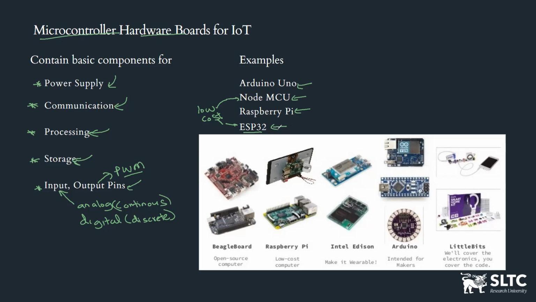They might not have large storage or high processing capabilities, but although such drawbacks are there, we are still able to get considerable work done from these ESP32 and Node MCU boards when we compare them with the Raspberry Pi and Arduino Uno boards.